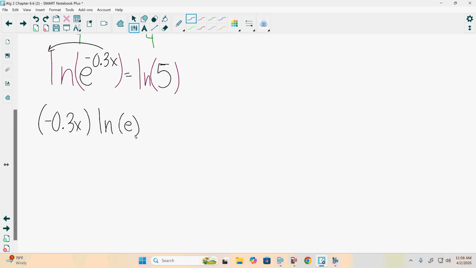So our negative 0.3x is being multiplied by the natural log of e, and it's equal to the natural log of 5. And what is the natural log of e? One.